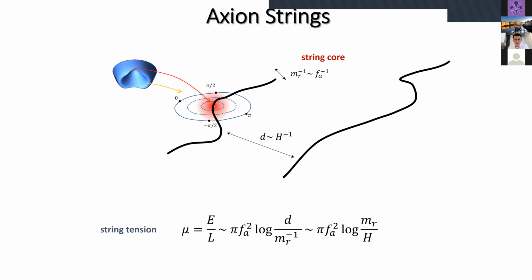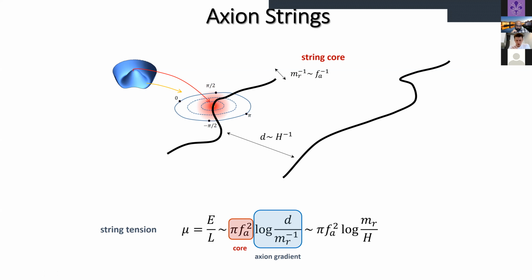So strings actually store quite some energy in them, and this energy is usually expressed in terms of the so-called string tension mu, which is defined to be the energy of a string per unit length. This tension is given by two contributions: one, pi Fa squared, coming from the core, from the fact that there are points in space where the radial mode is on top of the maximum of the potential, and therefore contributes non-trivially to the Hamiltonian.